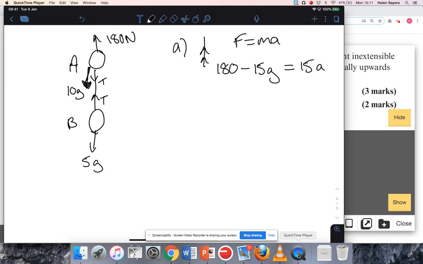So 180 minus 15 times 9.8 is 33, and that equals 15a. So a is 33 divided by 15, so 2.2 meters a second squared.